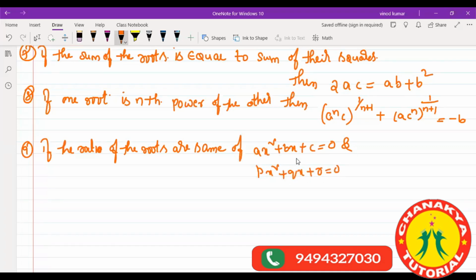Here these two are quadratic equations. These two are having two roots. Those two roots are having the same ratios. Then that time the condition is b square qr equal to q square ac.